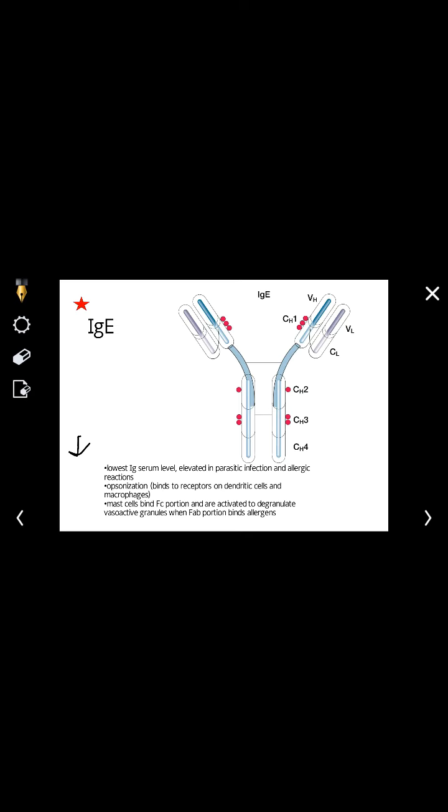And mast cells will find the FC portion, this portion right here, and bind to it and are activated to degranulate vasoactive granules when the Fab portion binds an allergen.